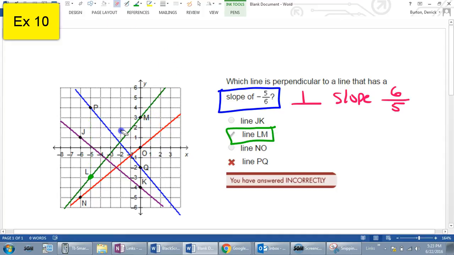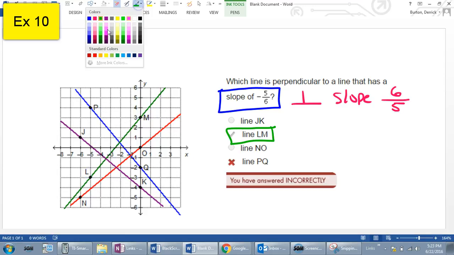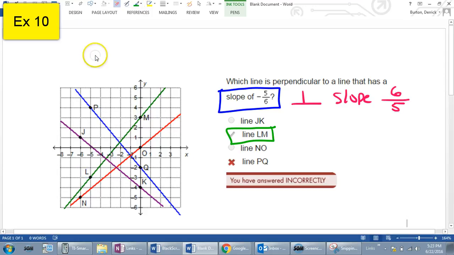But let's follow through and look at the other one. They have a nice dot for us here and here. Tracing that out, it's 1, 2, 3, 4, 5, then 1, 2, 3, 4, 5, 6. So that was 5 over 6, not 6 over 5. So that's a no. And of course, PQ and JK were no's immediately because they were negative.